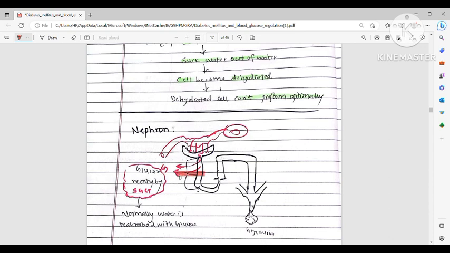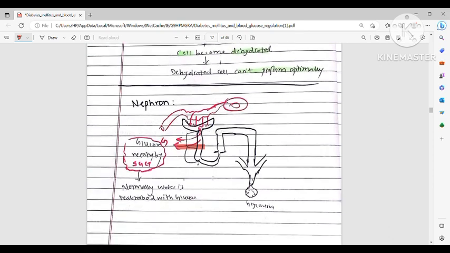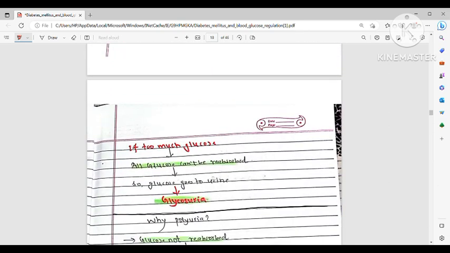Some of the glucose is reabsorbed together with sodium by SGLT, the sodium glucose transporter, and some is transported by solvent drag, together with water. If glucose concentration is very high, all glucose cannot be reabsorbed, so glucose is lost in the urine, which leads to glycosuria.